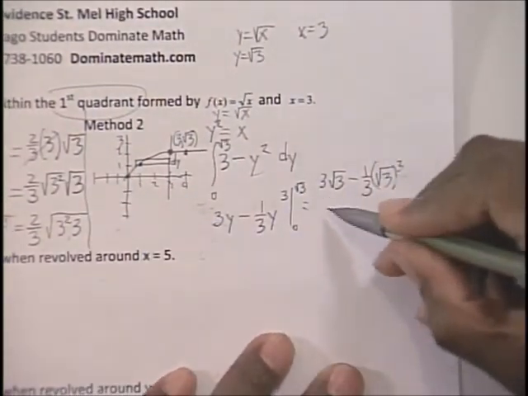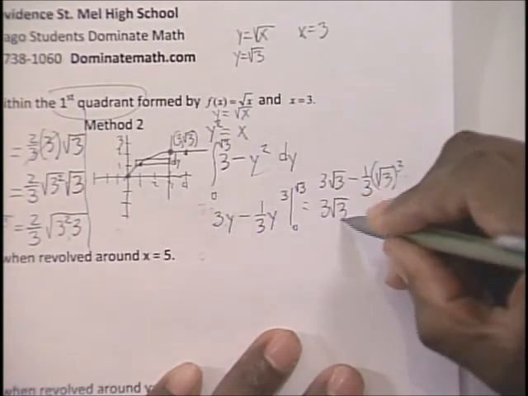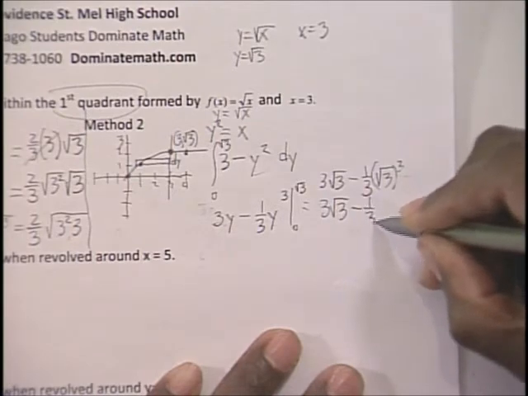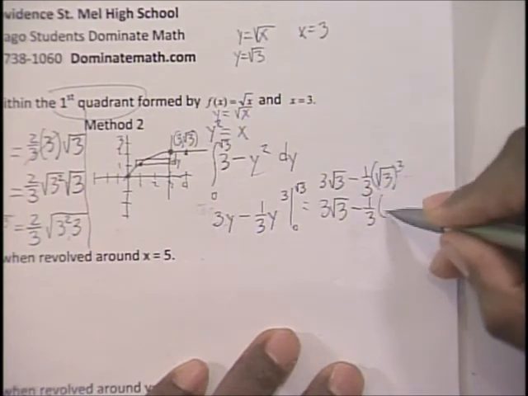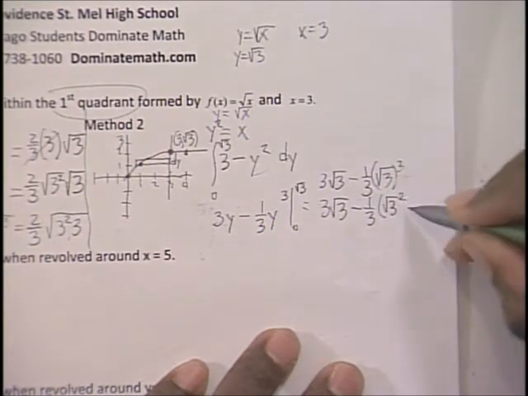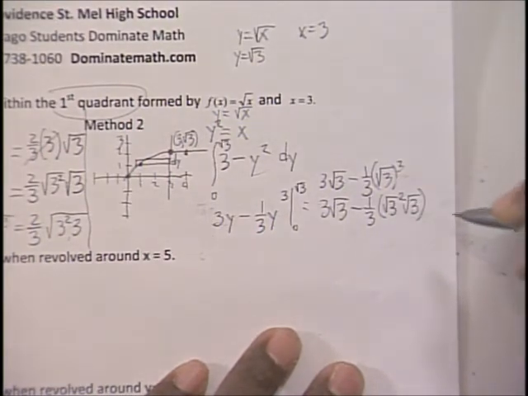Let's simplify this down. We get 3 radical 3 minus 1/3 radical 3 cubed. Another way to evaluate radical 3 cubed is radical 3 squared times another radical 3. That's the same thing as radical 3 cubed.